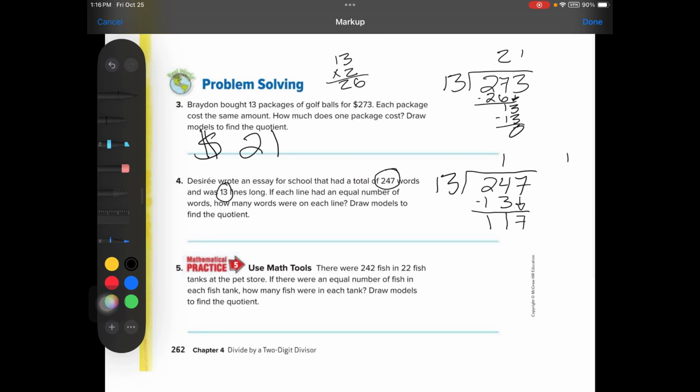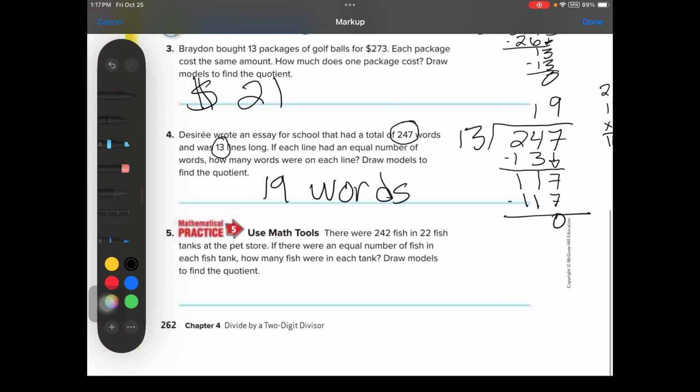I'm going to do 13 times 9 to see if that gets us close to 117. 9 times 3 is 27. 9 times 1 is 9, 10, 11. Woohoo! Love it when it works out. 117. Fabulous. So we can know that there are going to be 19 words. Make sure you label on the line.